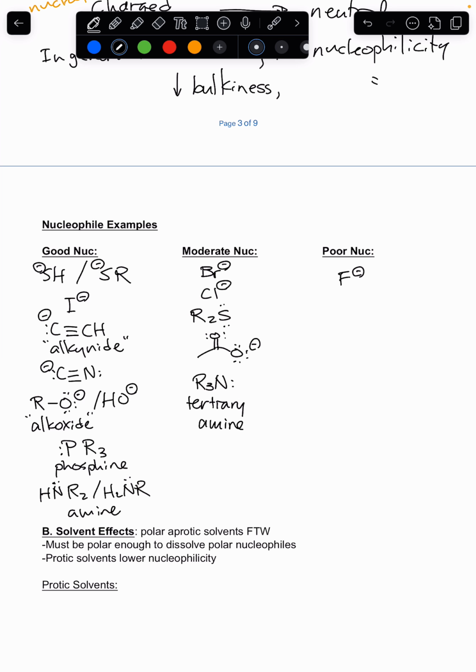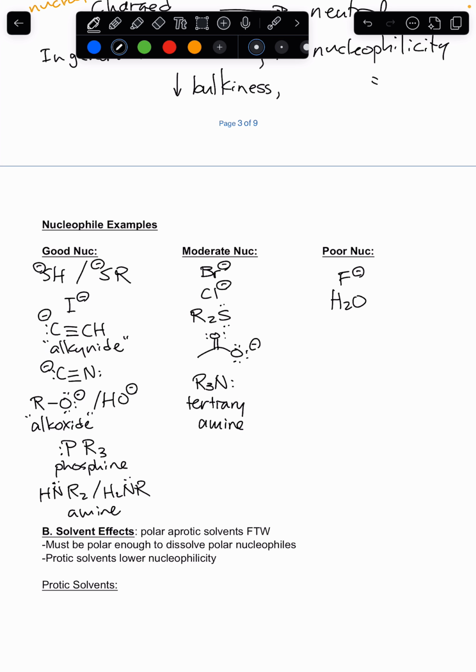Among the halides, that would be fluoride, and the reason for that, of course, is that fluorine is so electronegative that it wants to keep all these electrons to itself rather than sharing them in the form of nucleophilic attacks.